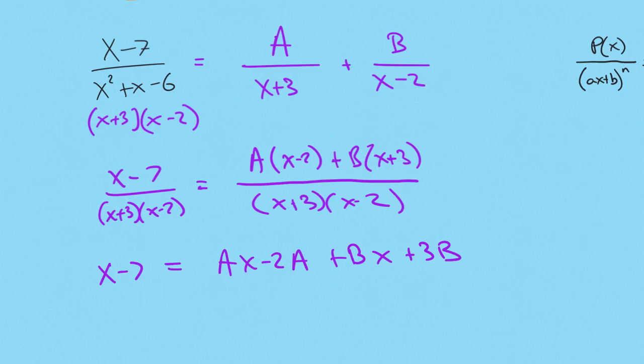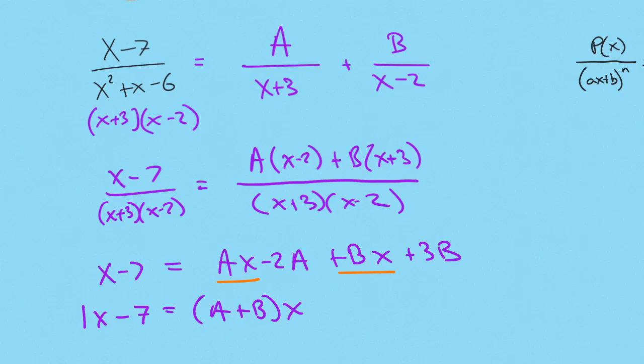And what I want to end up doing is matching up my coefficients. So I have x terms and constant terms on the right, and I have an x term and a constant term on the left. So I'm going to write the left as 1x minus 7 equals, and I have ax and bx. So I can factor out x from there, and I get a plus b times x.